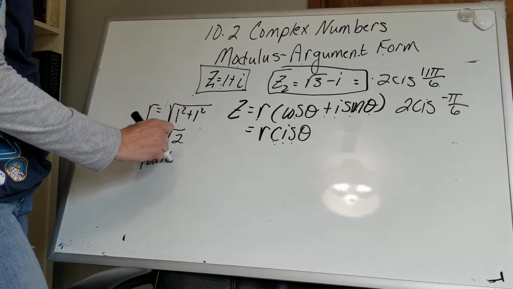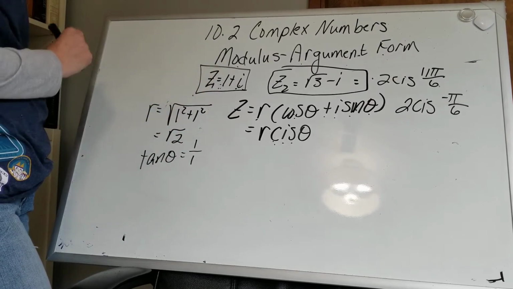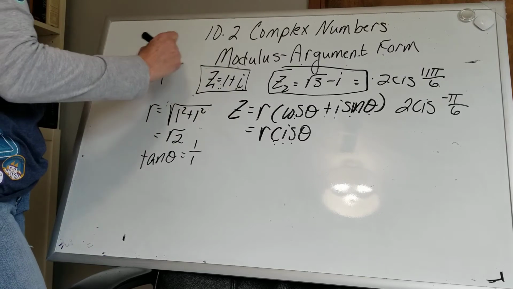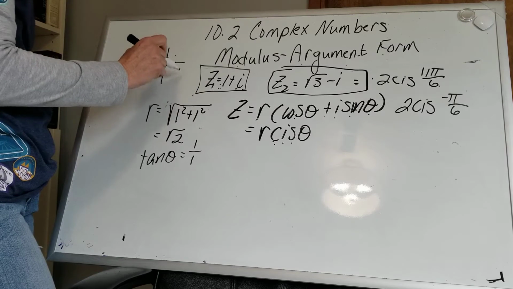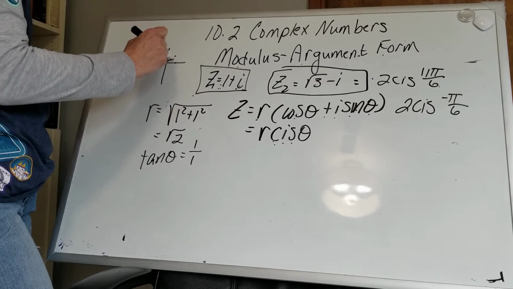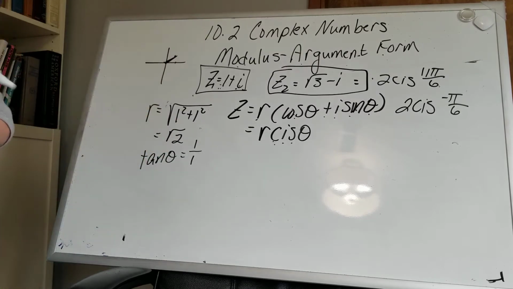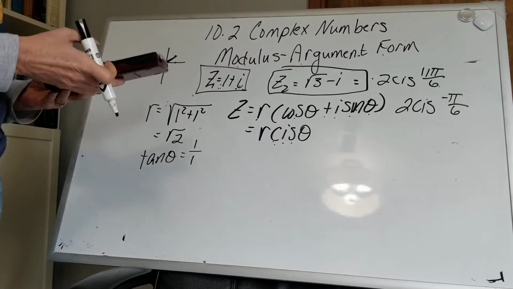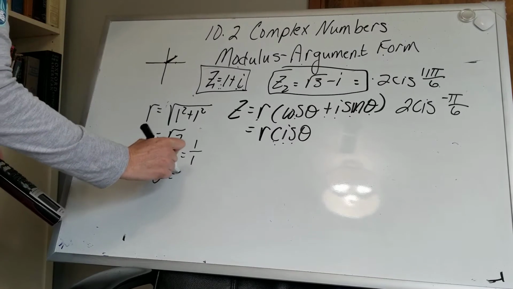So tangent theta is going to equal 1 over 1, which is your y over your x. Now, I usually just do a real quick check in my head. If I was in the rectangular plane, I'd go over 1, up 1. I'm in the first quadrant, so I know there's going to be more than one time where tangent equals 1. I'm going to pick the answer that is in the first quadrant, and hopefully you remember that that is when theta is equal to pi over 4.